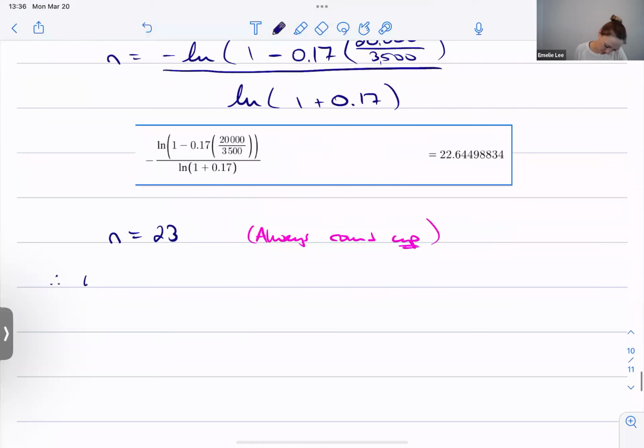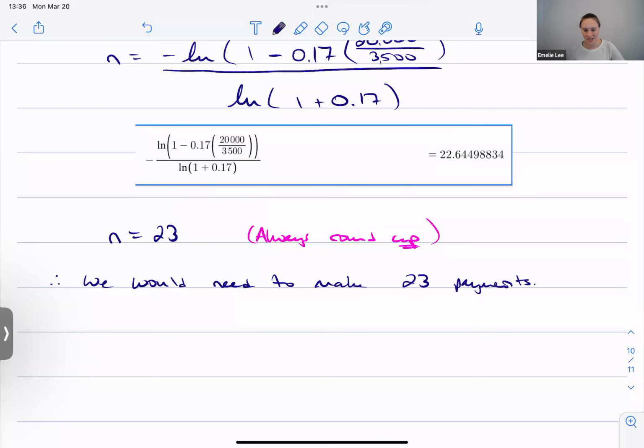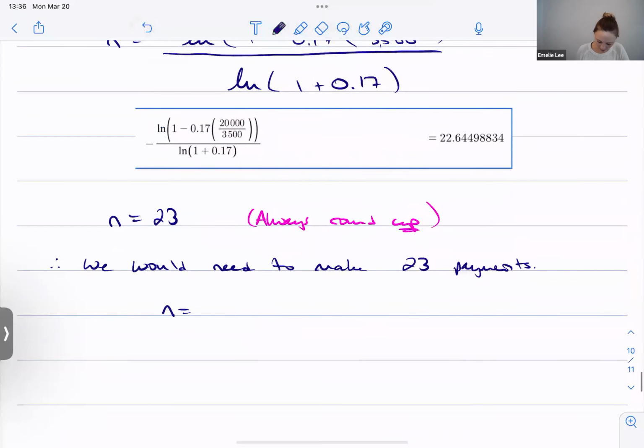So therefore, we would need to make 23 payments. How long is that going to take? N is the time times the frequency. Now the frequency is F2, the payment frequency, because N is the number of payments.